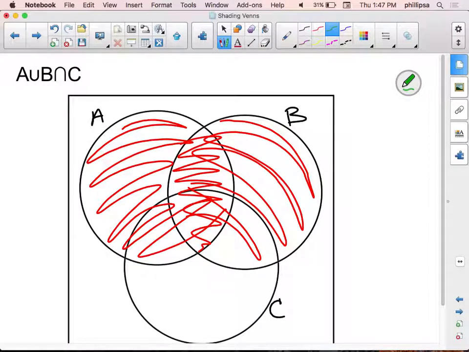You shaded one set already. It just so happens that that one set involved 2 sets, okay? Just treat it like you have one of them out of the way. Shade your second set. Shade your C, right? In other words, what I'm doing right now is I'm ignoring that, okay? I got that down. Now let's shade everything in C.